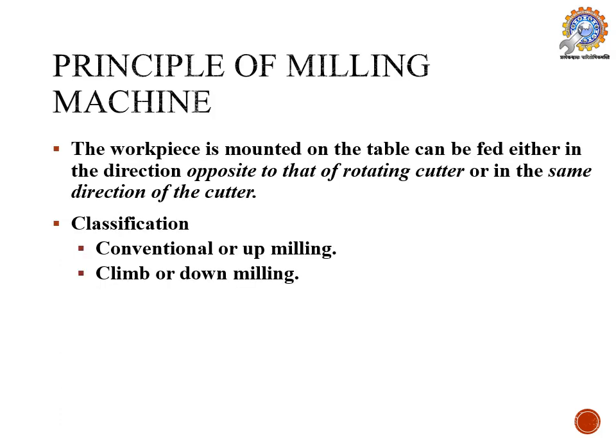When we are looking at any operation, first we have to know the principle of that machine. Here in milling operation, the workpiece mounted on the table can be fed either in the direction opposite to that of the rotating cutter or in the same direction.